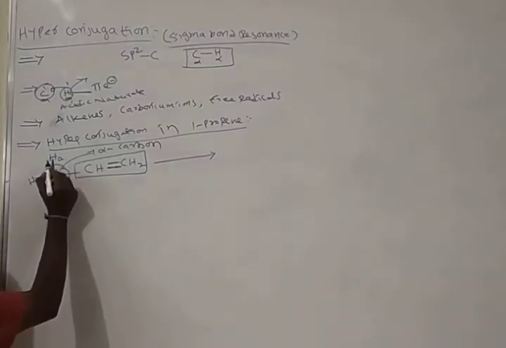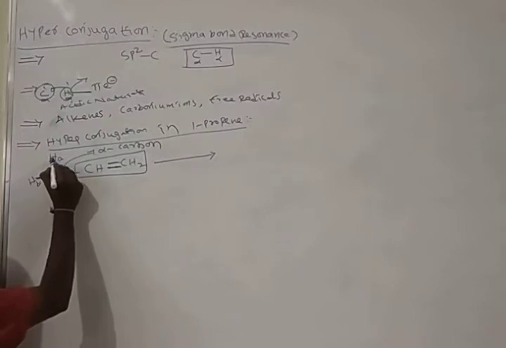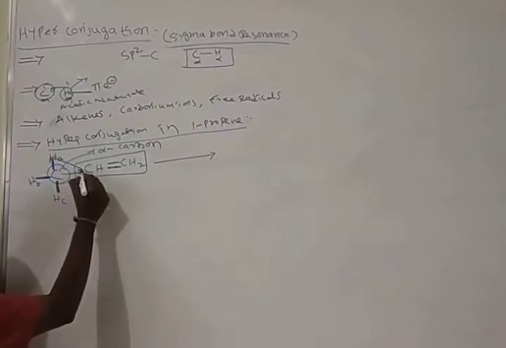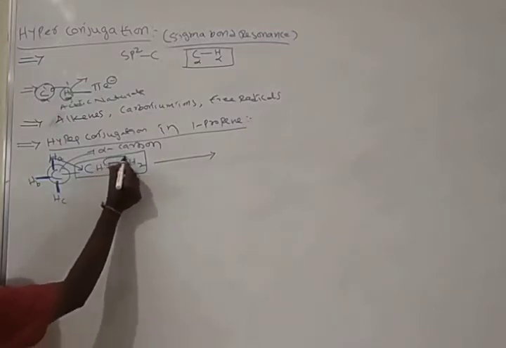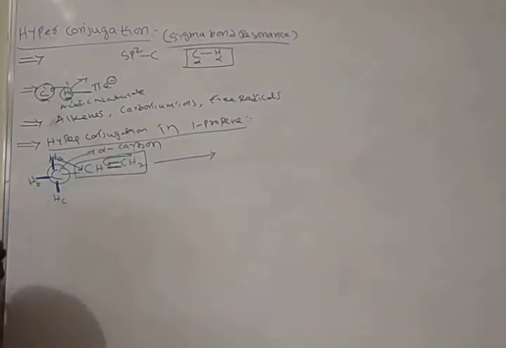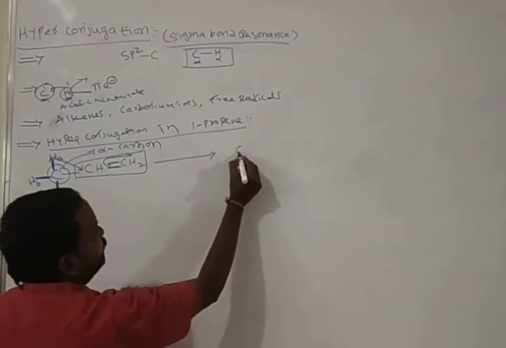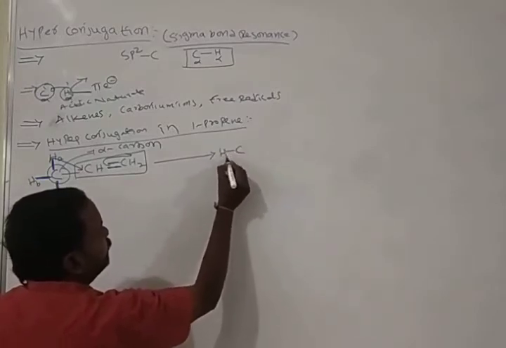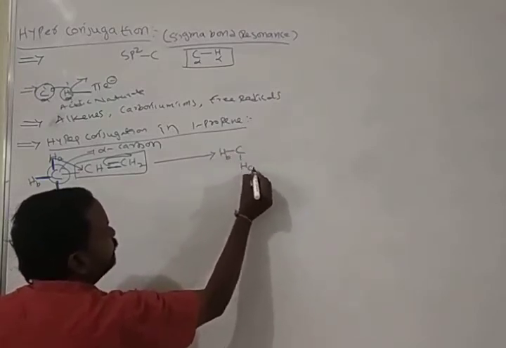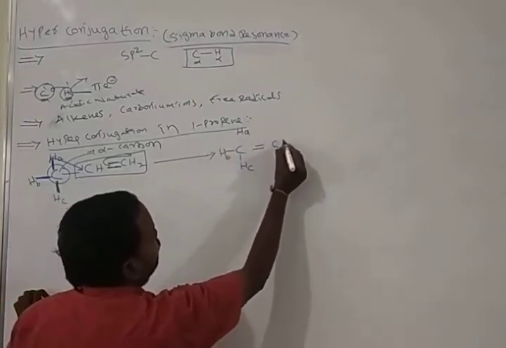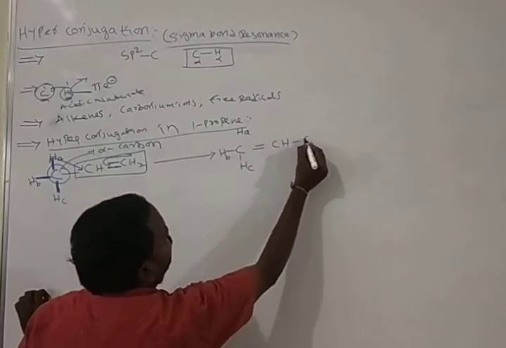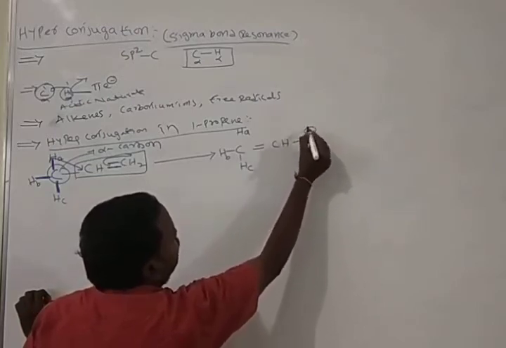How does it exhibit this? The alpha carbon hydrogen sigma electrons first transfer towards the carbon, then the electrons transfer towards the CH2 carbon. Here, by the transfer of the A bond electrons, we get this structure: H B, H C, with a double bond, then CH, CH2 minus.